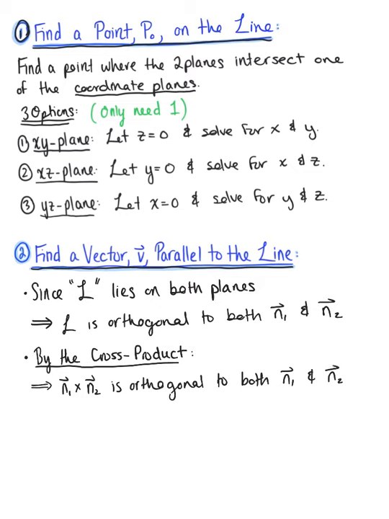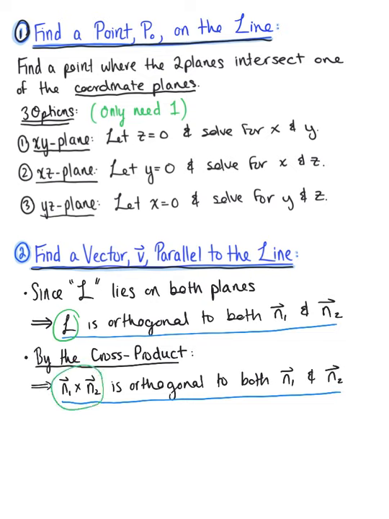Now wait a second. If L is orthogonal to both n sub 1 and n sub 2, and the vector n1 cross n2 is orthogonal to both n sub 1 and n sub 2, this means that the line and the vector defined by the cross product are parallel. So we can say that, therefore, by definition, the line L and the vector n sub 1 cross n sub 2 are parallel to each other.